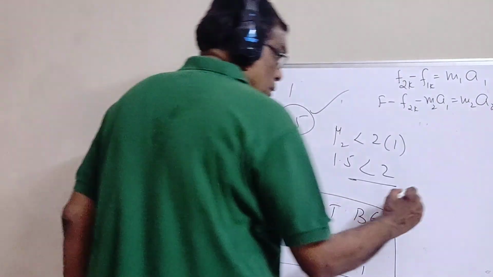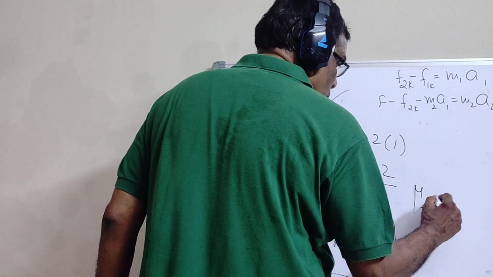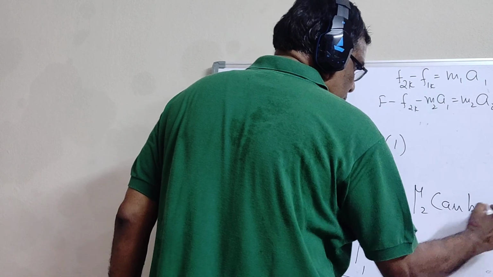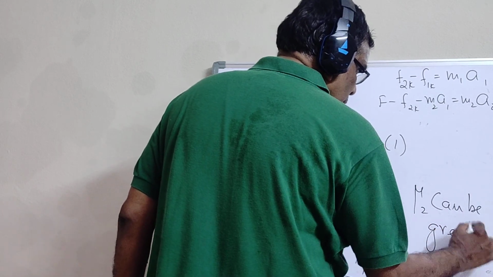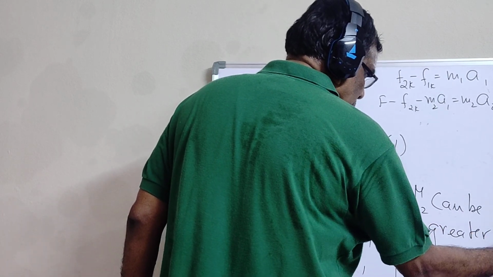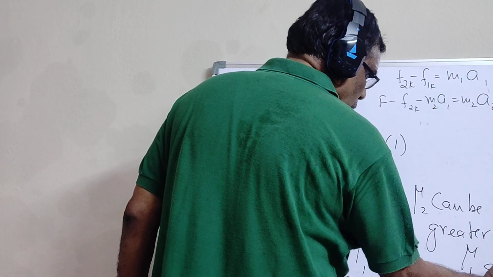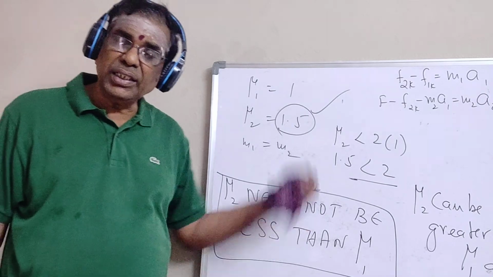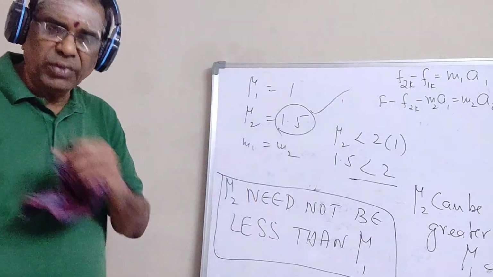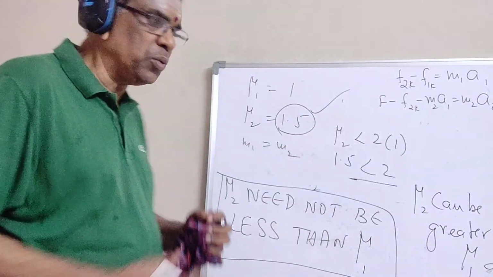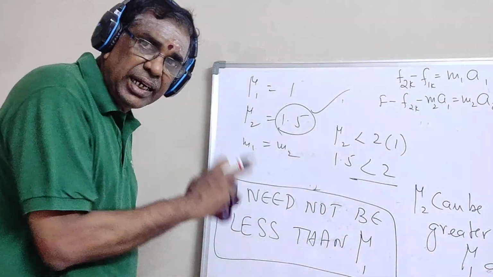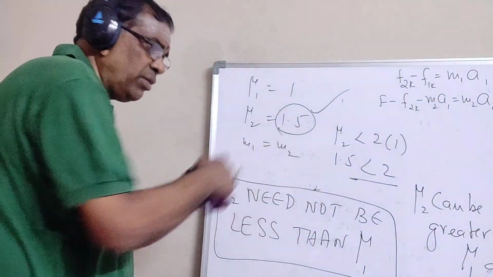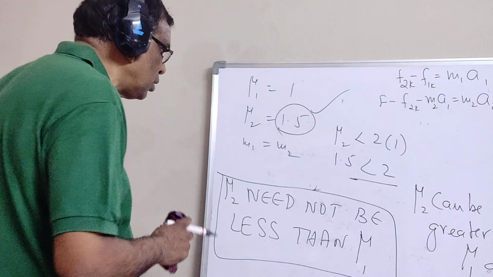But mu2 can be greater than mu1 also, for the condition for the lower body never to move. Okay? I hope this is clear. Don't get confused. The previous point I think you have to ignore.